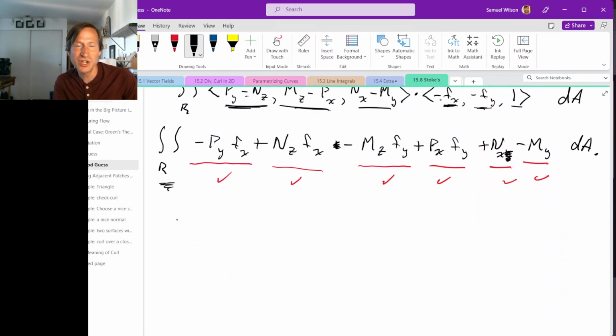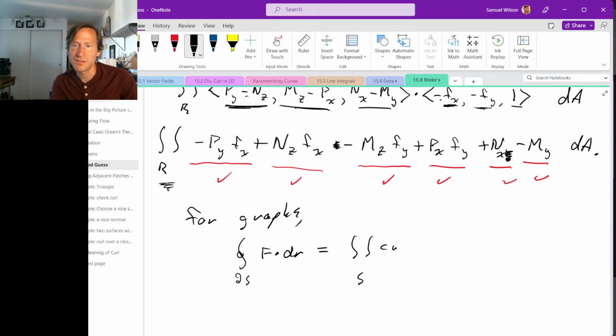So we finally showed that for surfaces that are graphs, our guess is correct. The line integral over the boundary of the surface of F dot dr is equal to the integral over the surface itself of the curl of F dot normal d sigma.